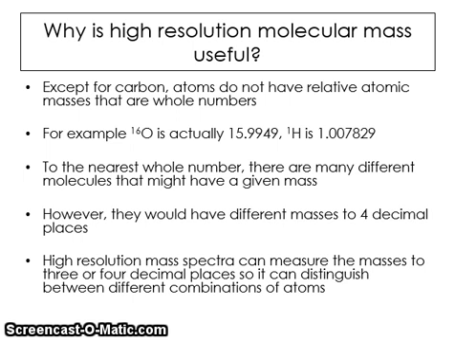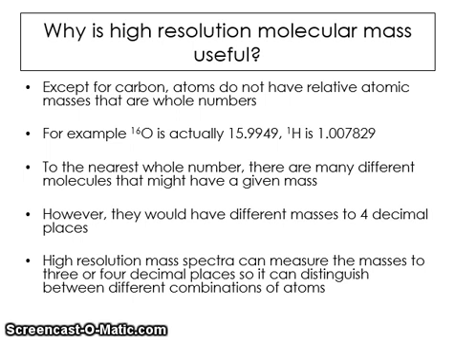But if we have high resolution molecular mass, we can find that to either 3 or 4 decimal places. So we can then distinguish between different molecules that might have the same mass to a whole number, but will have different masses to 4 decimal places or 3 decimal places.